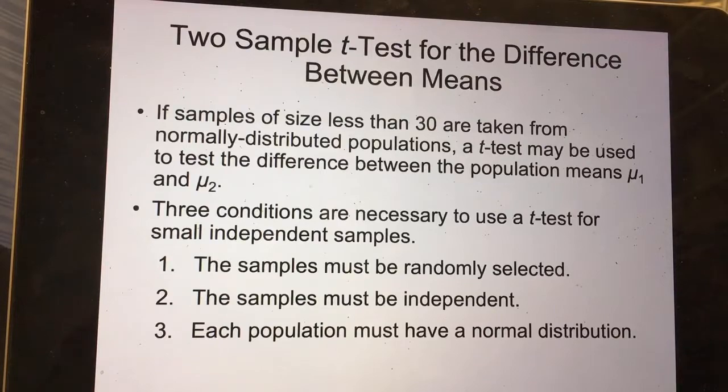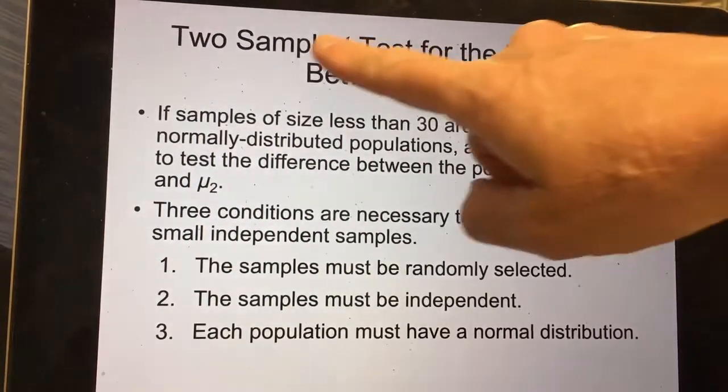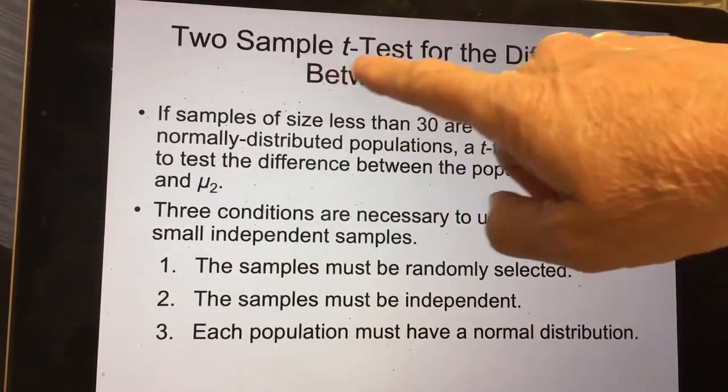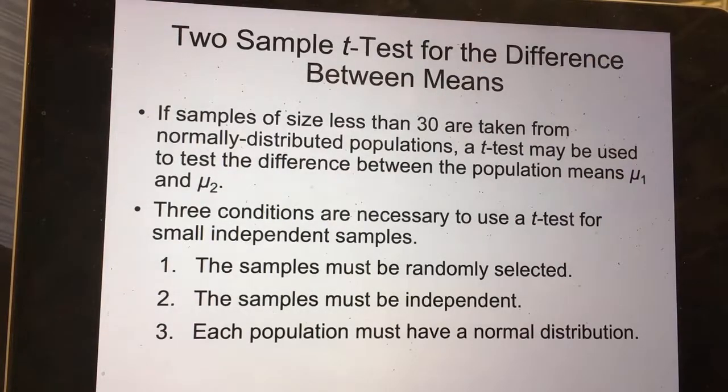And we're going to talk about what conditions must be met in order for us to do this test. Notice what kind of test we're going to be doing: a two-sample t-test. When we're doing the population proportion like we did in 9.1, we always use the z-test. But now we're in means and we're going to use the t-test. Notice what we're starting out with.